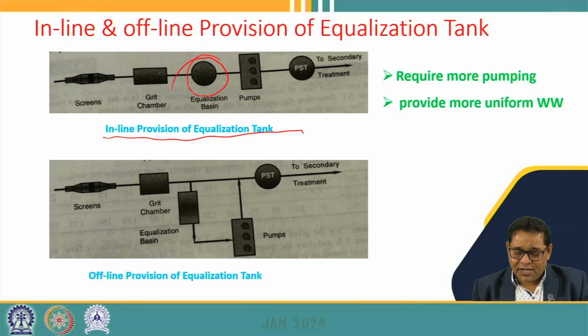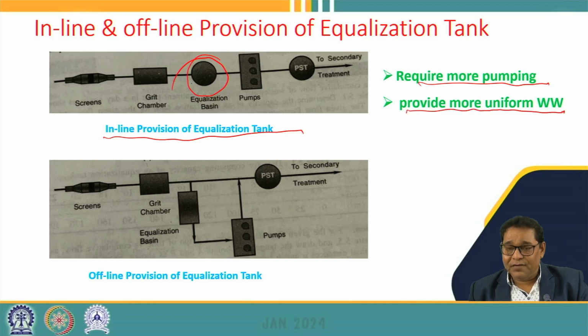This equalization basin receives all the incoming wastewater, and thus it requires more pumping volume. This may cost more in pumping, but this kind of provision gives very uniform mixing.